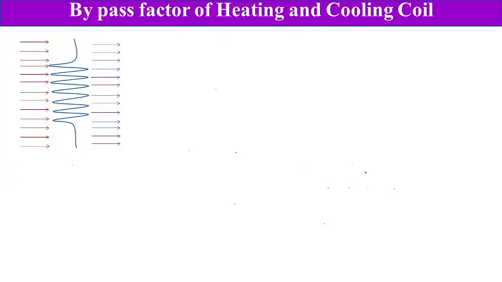Now let us see what is bypass factor. Now this bypass factor is nothing but, say for example, this is a cooling coil or heating coil. It can be a cooling coil or heating coil.